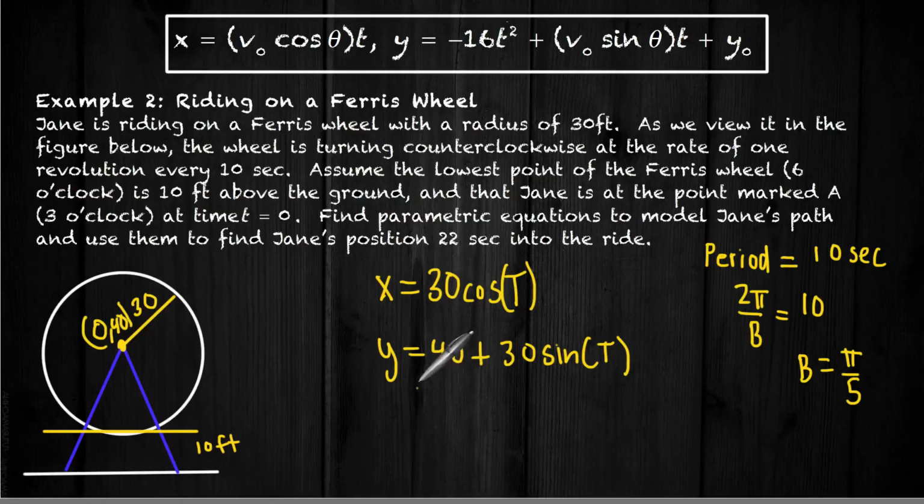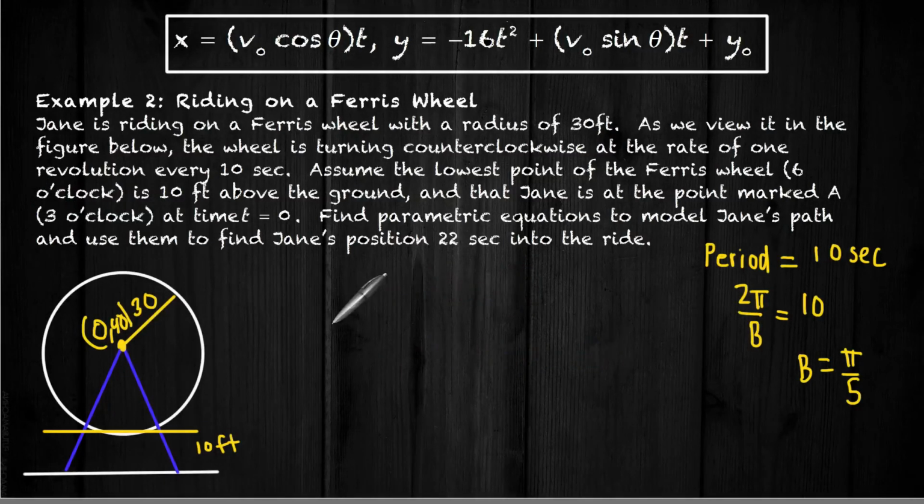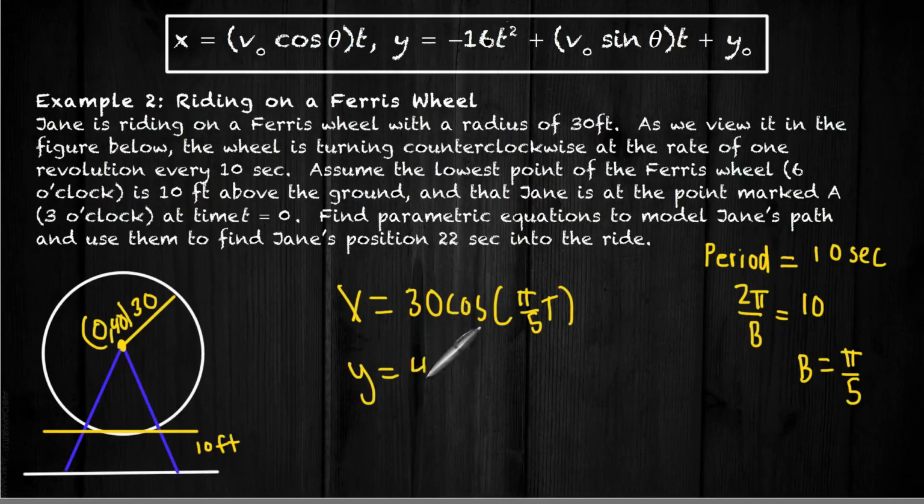So we are going to go back and rewrite these equations. So if we rewrite these equations, they will look like x is equal to 30 cosine of pi over 5 t, and y is equal to 40 plus 30 sine of pi over 5 t.